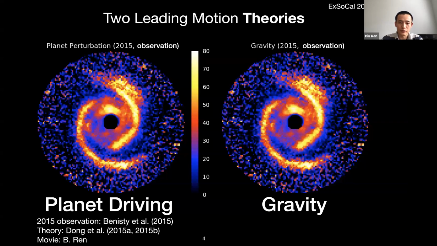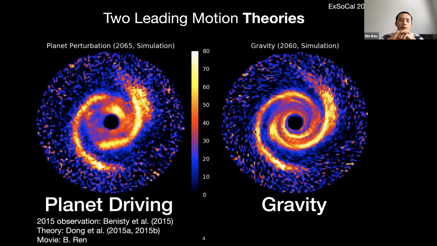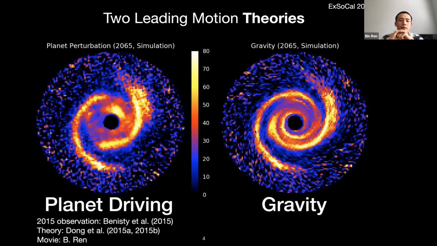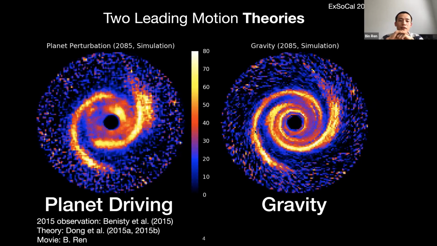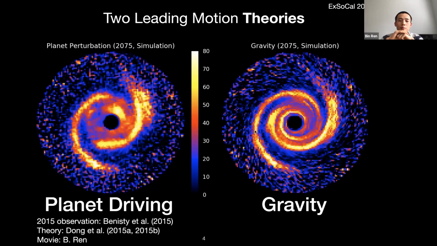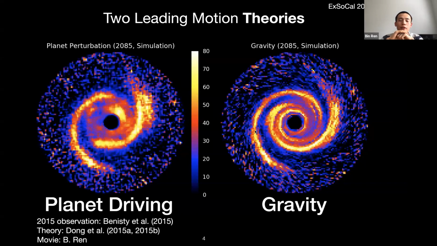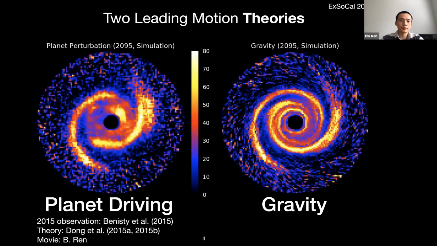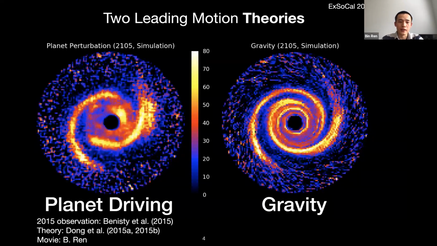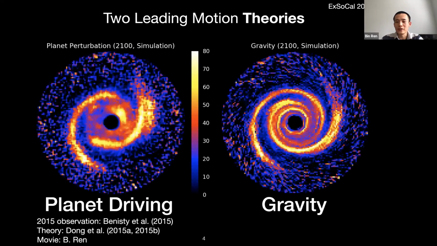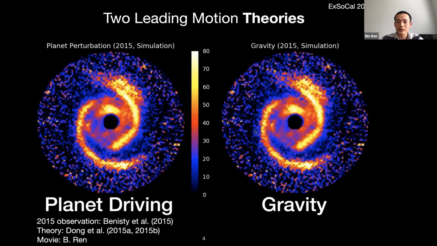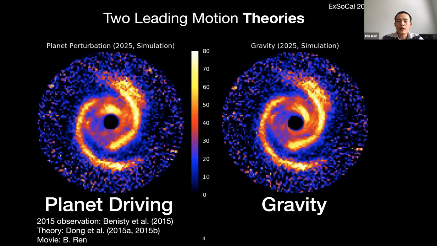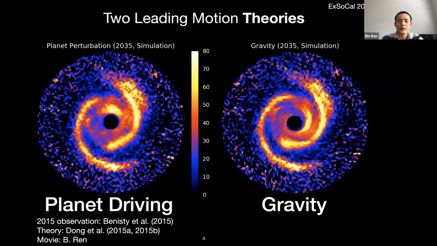And how do they move? In the left scenario, the entire system will move as a solid body, and the motion rate will trace the angular speed of the hidden spiral arm driver. But in the gravity-induced scenario, the closer the particles are, the faster they move.